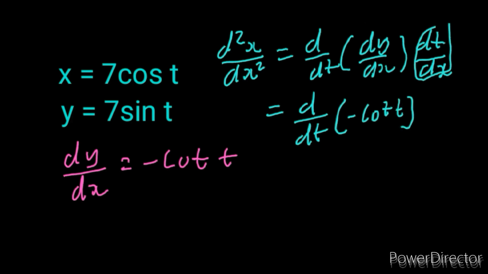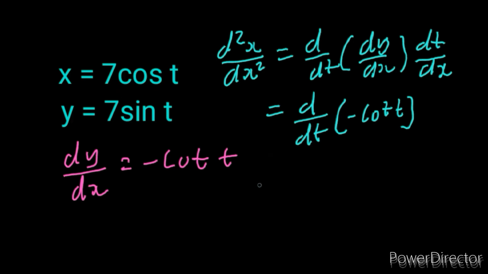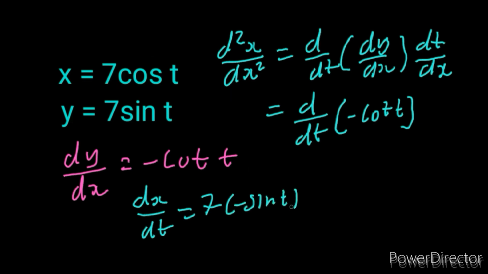And then for this part, we already got it before, but let me calculate it again. We just have to find the derivative of x with respect to t. If we derive this part, we're going to have 7, and the derivative of cos t is negative sine t, so this gives us negative 7 sine t.